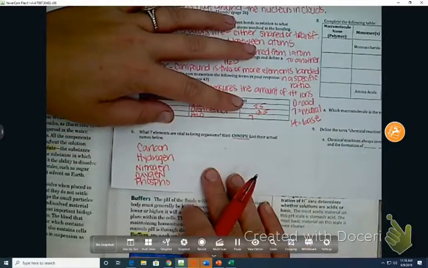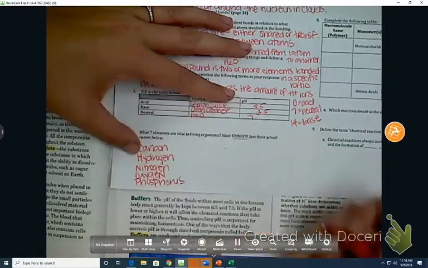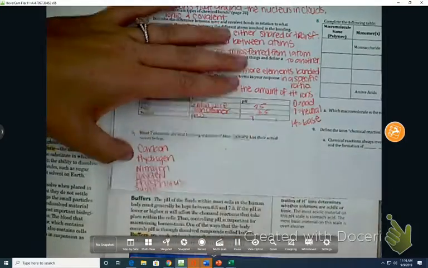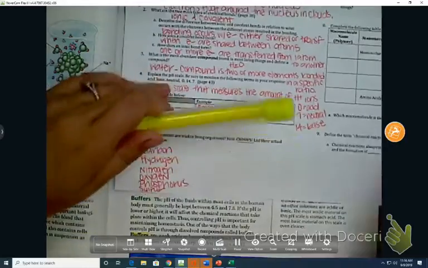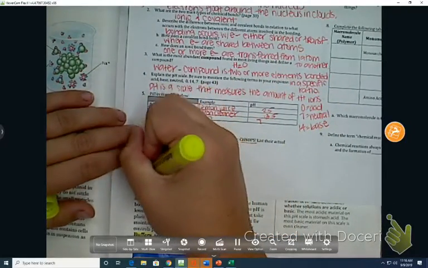You can't even see what I'm writing, can you? I'm sorry. Carbon, hydrogen, nitrogen, oxygen, phosphorus, and sulfur. And these are what make up CHNOPS.